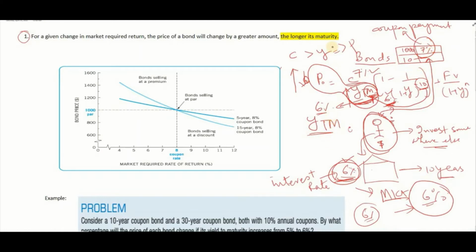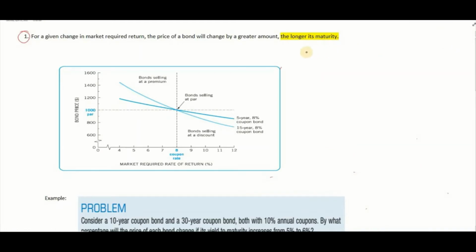Okay, now let's assume we are using 6% YTM in the previous case, right? 7% coupon rate, and par value is 1000, and let's say this is for 10 years, no semi-annual compounding, just a simple one. What is the price?